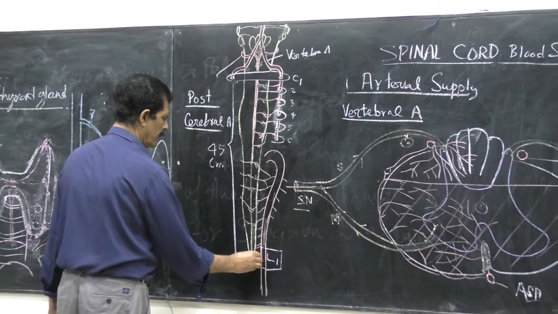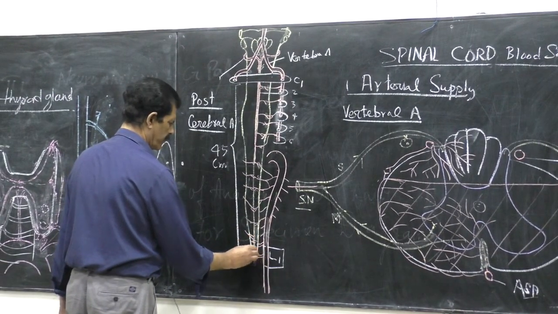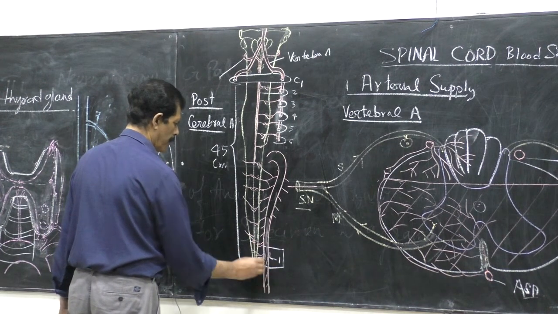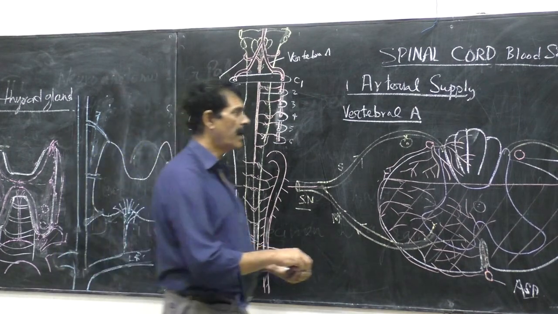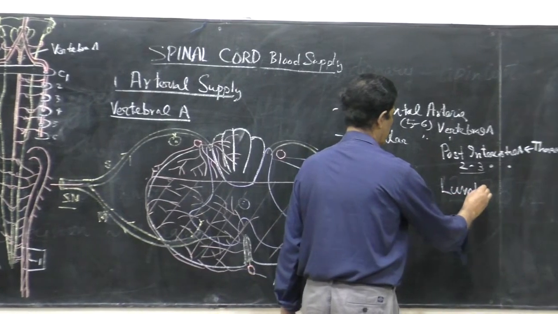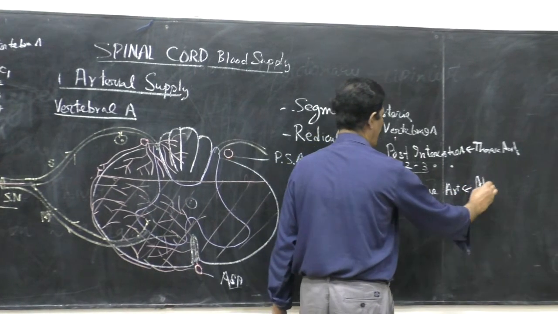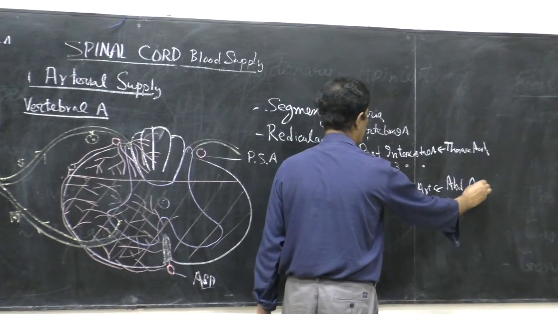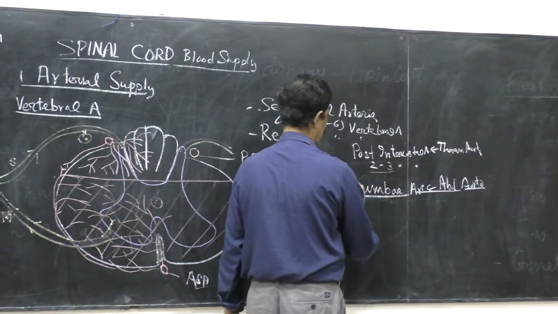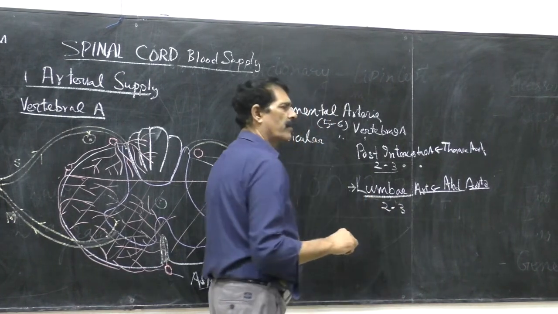They are supplied by the branches of lumbar arteries, which are the branches of the abdominal aorta. Lumbar arteries are the branches of the abdominal aorta. There are also 2 or 3 in number, and they supply the lower part of the spinal cord.